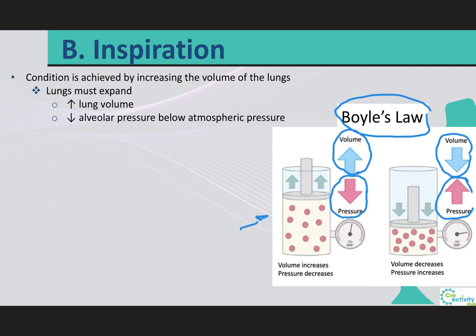So suppose there is a gas placed in a cylinder that has a movable piston and a pressure gauge, and that the initial pressure created by the gas molecules striking the wall of the container is 1 atmospheric pressure. If the piston is pushed down, as we can see over here on the right, the gas is compressed into a smaller volume so that the same number of gas molecules will strike less wall area, as we see over here.